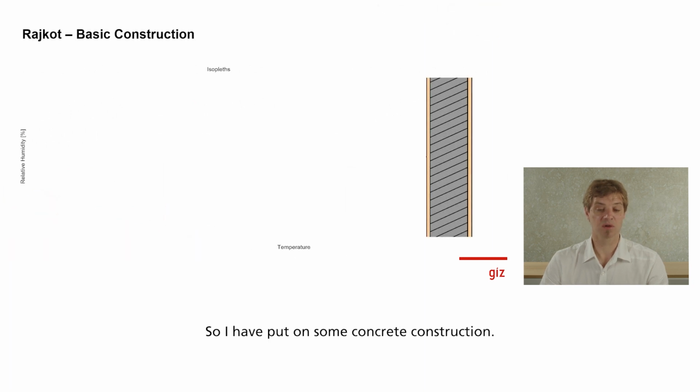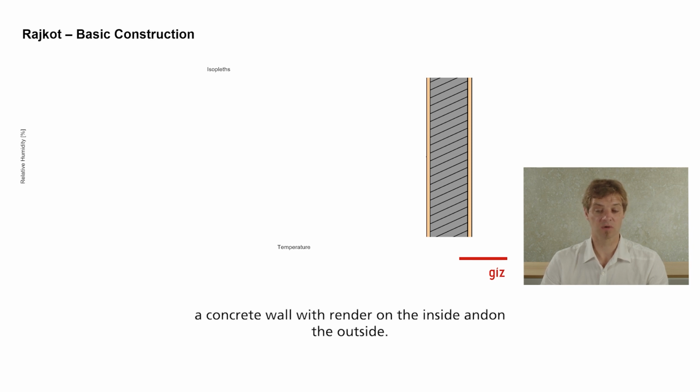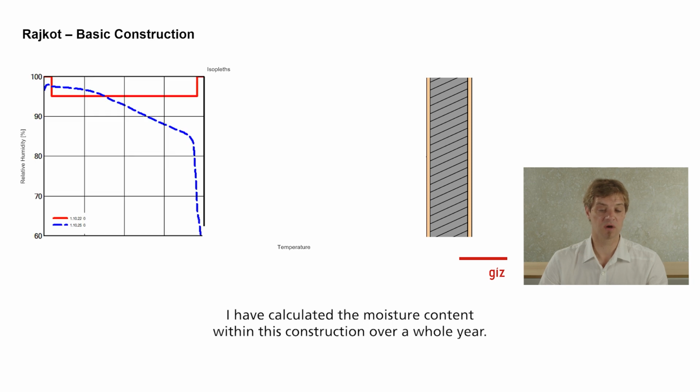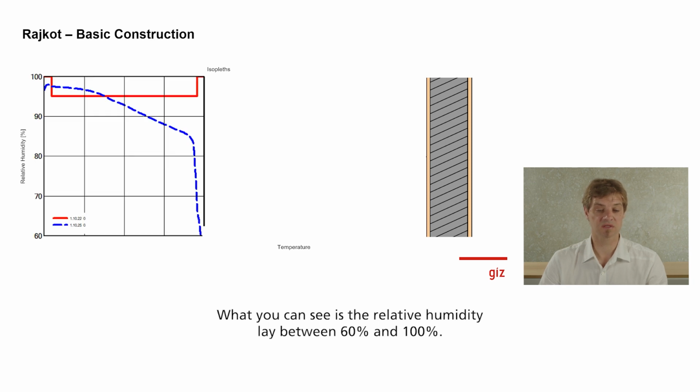So I have put on some concrete construction, as you can see here on the right hand side, a concrete wall with render on the inside and the outside, and I have calculated the moisture content within this construction over a whole year. What you can see here is the relative humidity between 60% and 100%, and you can see the red line, which is the beginning of the calculation, and the blue line, which is the end of the calculation.